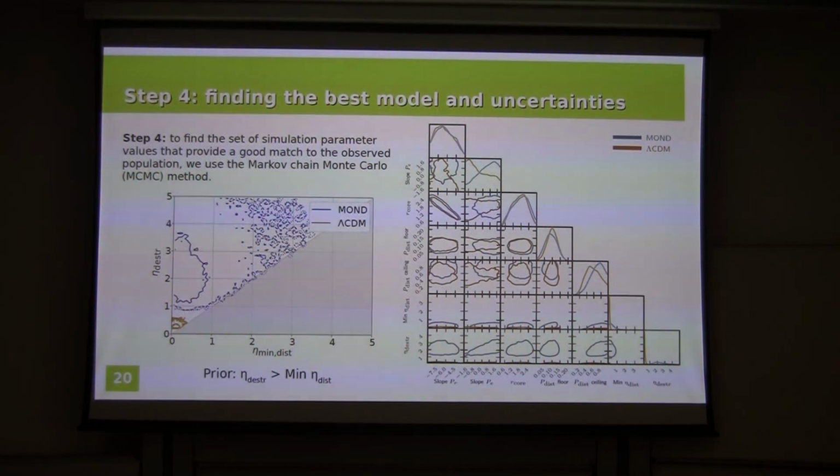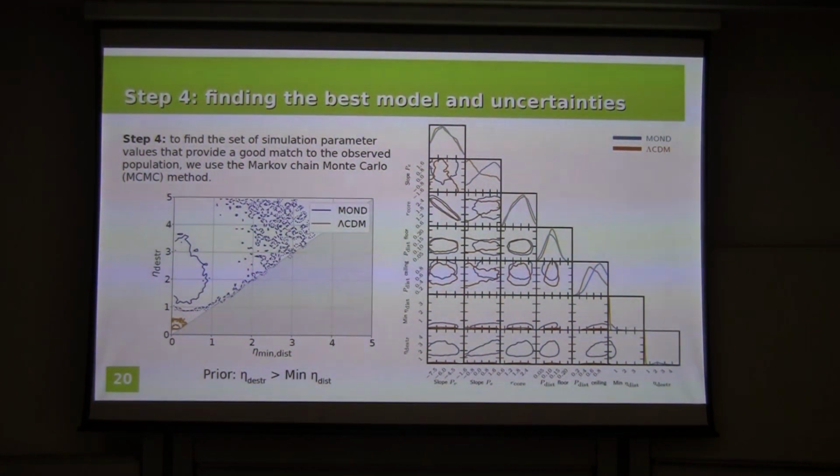As you can see from the results, in the MOND case, you would expect dwarfs to be destroyed when they have tidal susceptibilities from 1 to 3.5 more or less.